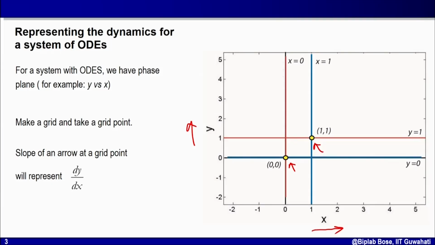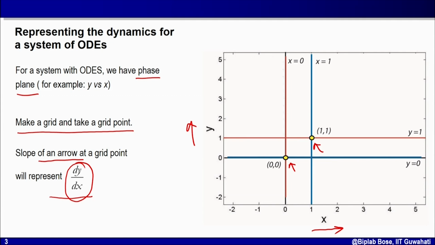Remember, my intention is to visualize the change in y and x with respect to time in this y and x plane. What we will draw here is rather this phase plane divided into equidistant grid points, and at each grid point, I will draw an arrow, and the slope of the arrow will be equal to dy/dx, the derivative of y with respect to x.